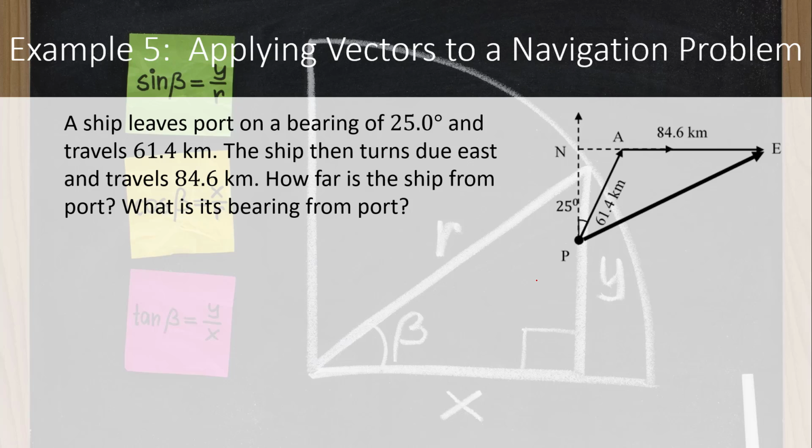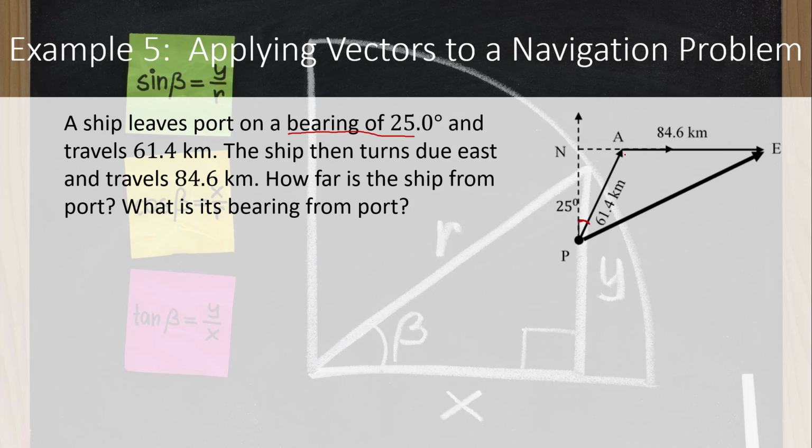Okay, the next two problems that we're going to deal with are navigation problems. And here is our first navigation problem. Here we have a ship leaving port on a bearing of 25 degrees. And when we're talking about a bearing, that bearing is usually relative to either true north or magnetic north, depending upon the type of navigation situation you have going on. So this is our bearing of 25 degrees right here. Now, it travels at this bearing for 61.4 kilometers, so this is the vector that represents that length.